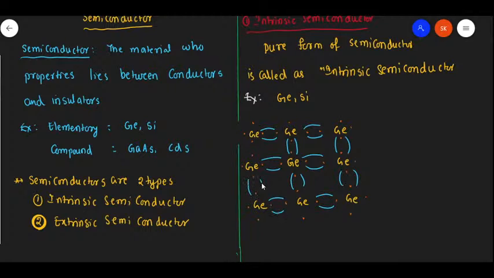Look here, it is very interesting. This is the germanium. This germanium has four valence electrons: one, two, three, four. These four valence electrons form the four covalent bonds with the neighboring germanium atoms. And at that moment, what happens?